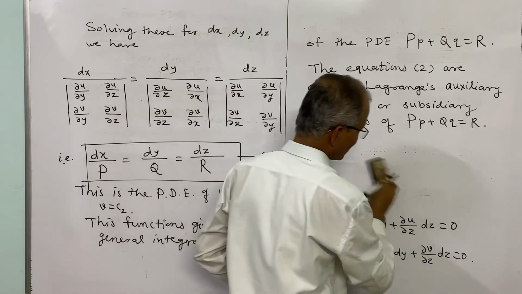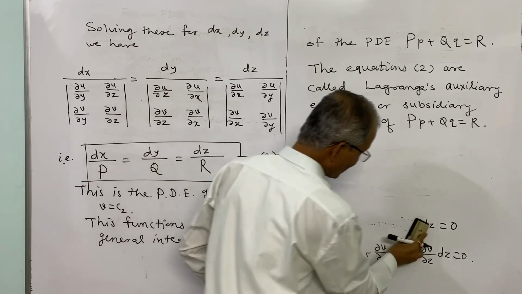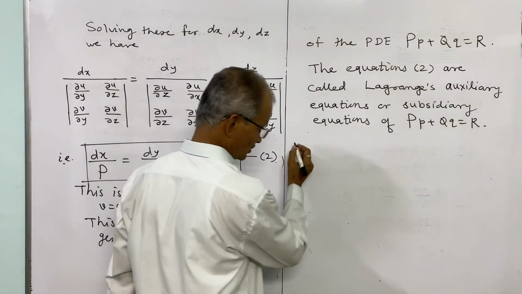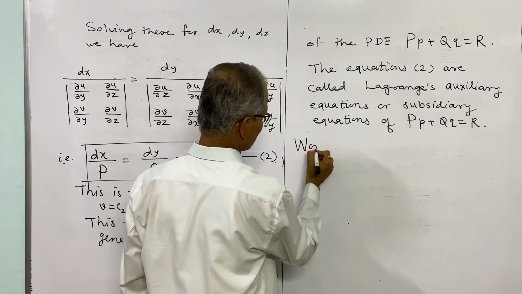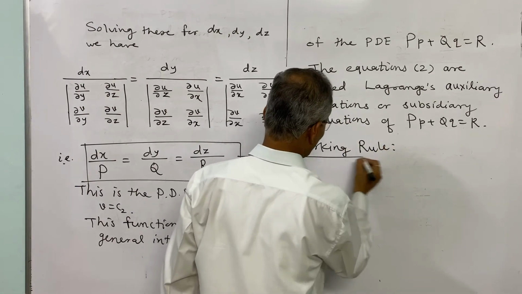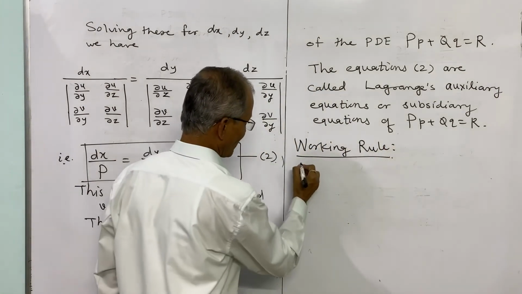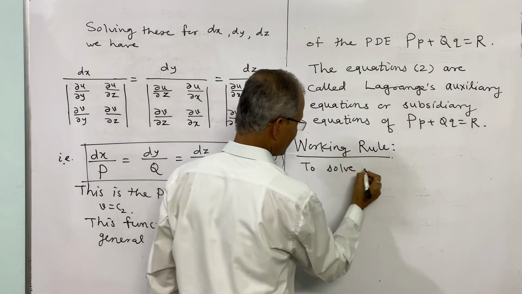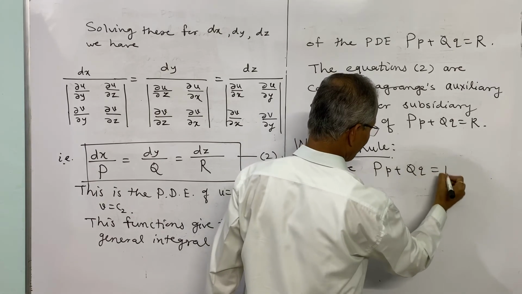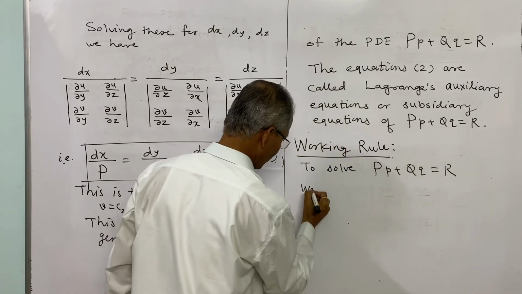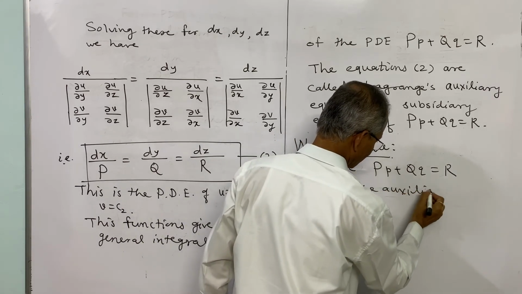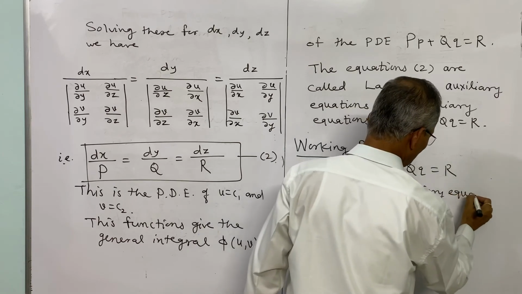And thus what is the method or working rule to obtain or to solve this equation? We will write in short. So the working rule to solve the Lagrange's linear equation, that is this equation: we write the auxiliary equations.